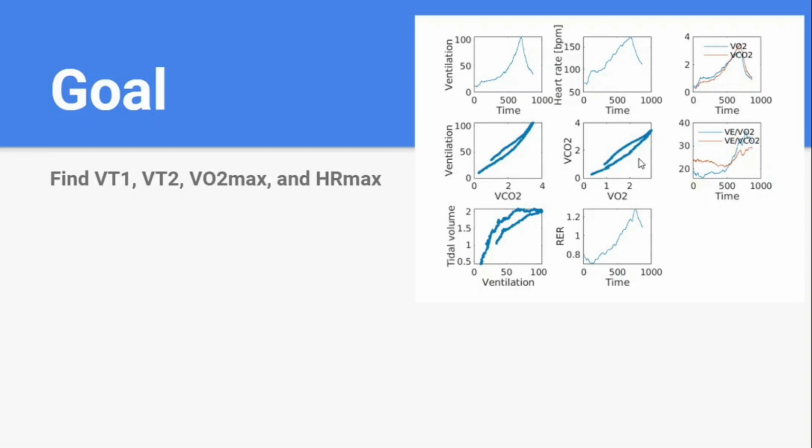And for BD2, you should find the point where the ratio between ventilation and VCO2 increases linearly with the ratio between ventilation and VO2. So probably the point should be around here or maybe here, and you can check the deflection point in panel number 5 or panel number 4.